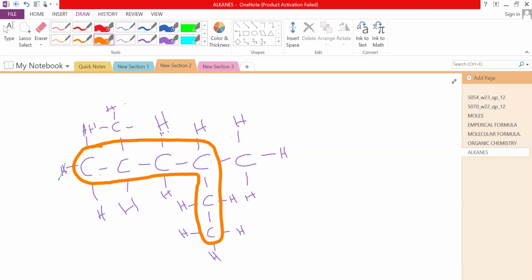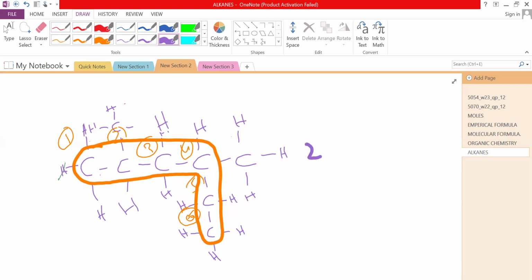Let's label it. So it's 1, 2, 3, 4, 5, and 6. Okay, now let's name it. So we have two methyl, one on the second carbon and one on the fourth carbon.